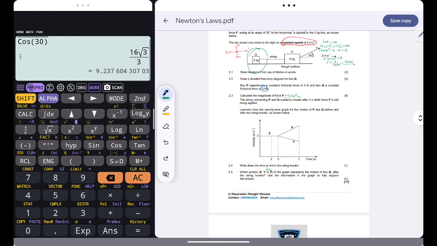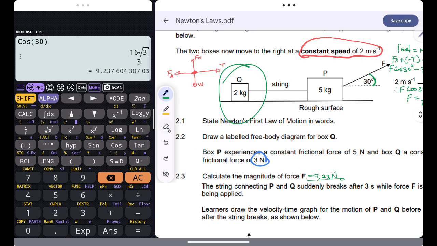Okay, remember that, guys, box Q was held by the string, which has broken. So if we remove the string, it simply means that now there's no other force trying to pull or push body Q towards the right.